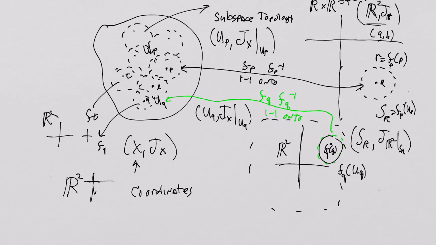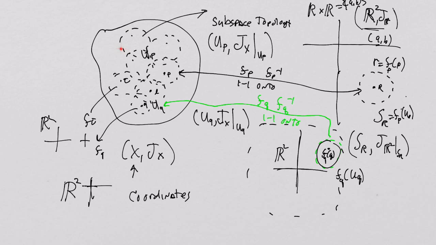Okay, so far, what have we done? We've created a cover of neighborhoods that cover all the points of our topological space, and we've shown that every one of those neighborhoods has a mapping to R2 that is homeomorphic, one-to-one and onto, every single one.